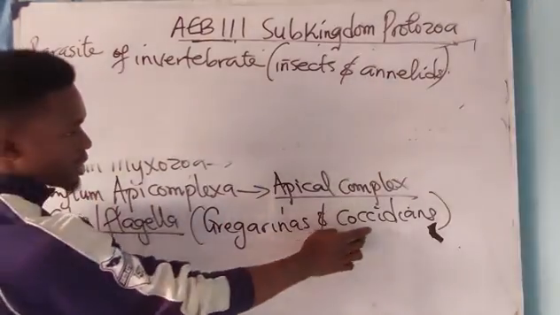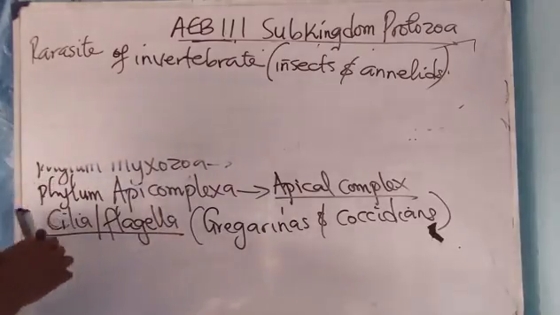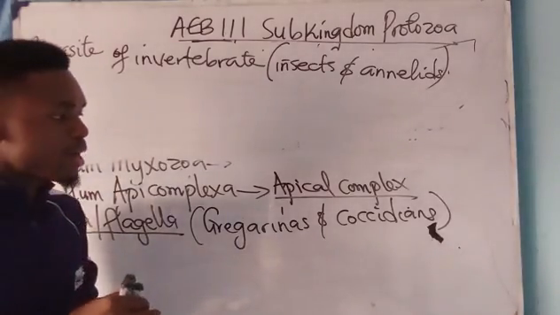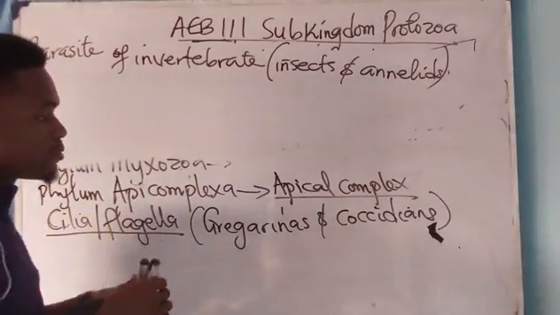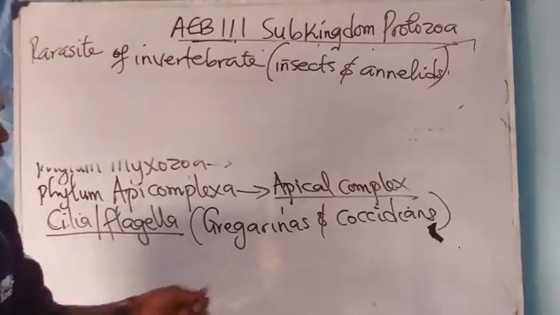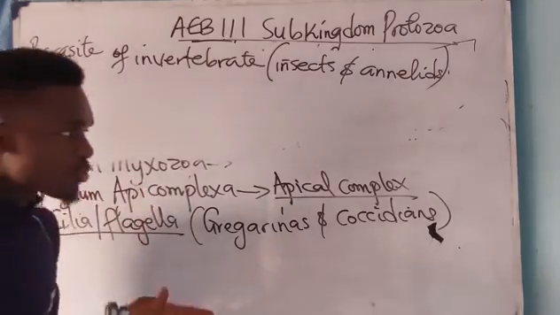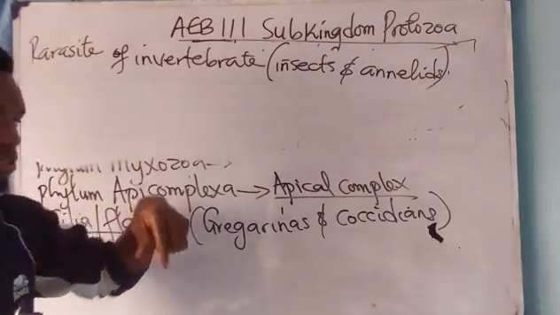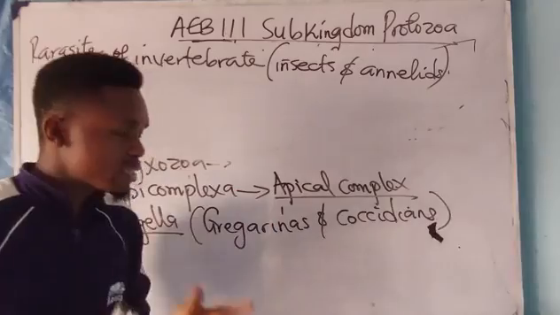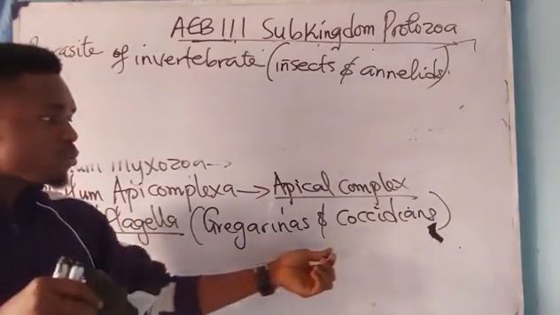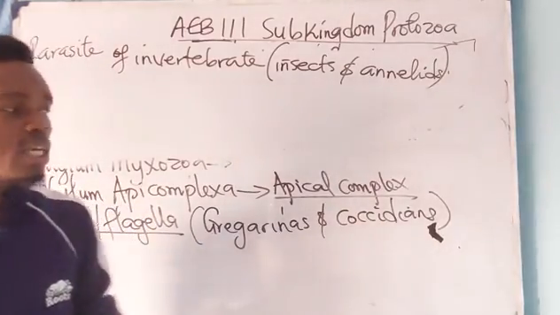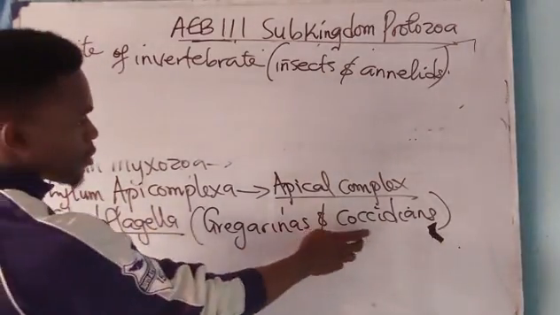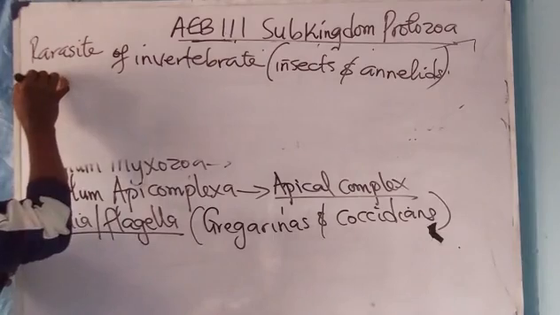While the Coccidians act as intracellular parasites of vertebrates and invertebrates, that is inside their cells, which means they are found in both vertebrates and invertebrates.